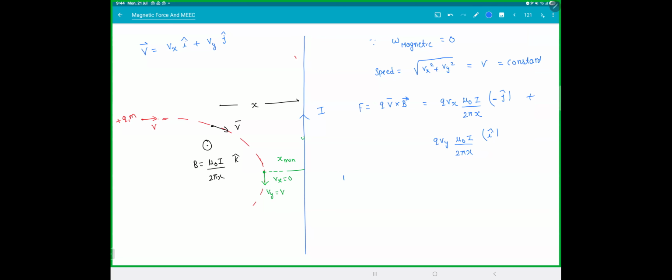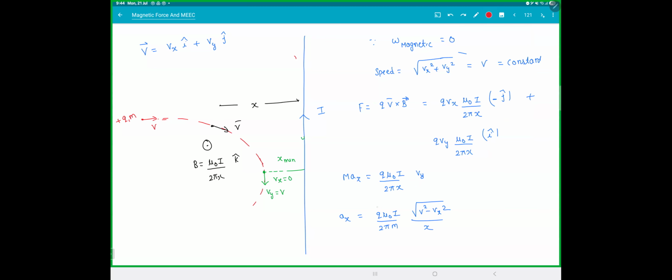So the horizontal component: max will be q mu naught I by 2 pi x Vy, so ax will be q mu naught I by 2 pi m times Vy. Vy is nothing but root over v square minus Vx square, by x. I'll substitute Vy with this guy.